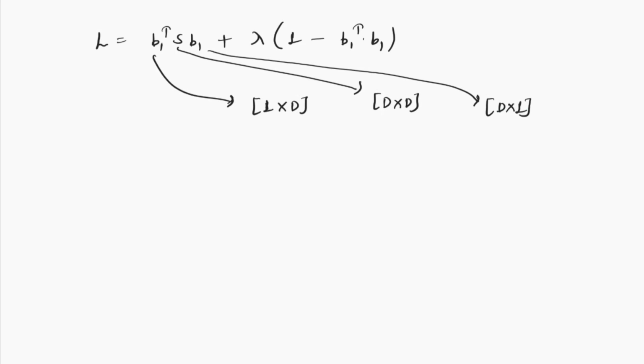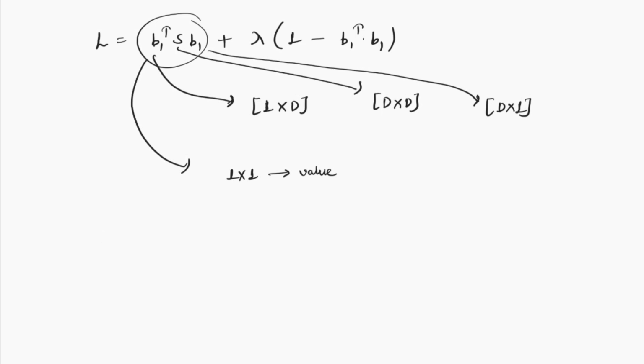So finally this value is nothing but a 1 cross 1 value. The final value is not a matrix anymore, it is just a 1 cross 1 value.